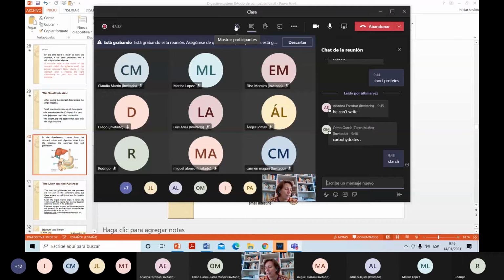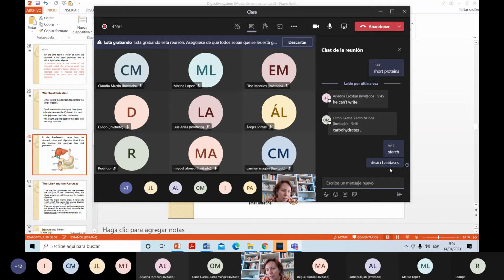So amylase works again there, and I said that I was going to add an extra enzyme because in pancreatic juice we also have disaccharidases. Any idea for this enzyme? What is the molecule that they break down?